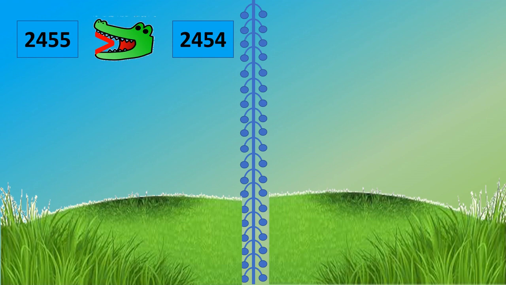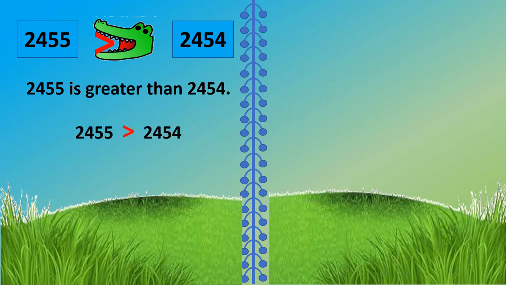So definitely 2455 is greater than 2454. So here we point our crocodile's mouth towards the biggest number, that is 2455. The other way we read it as 2454 is smaller than 2455.